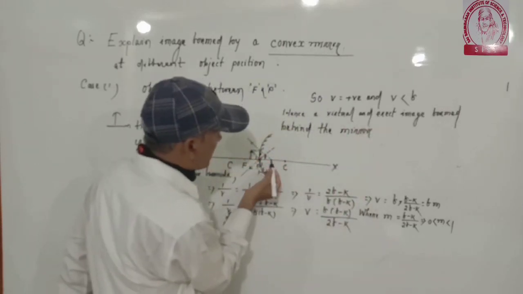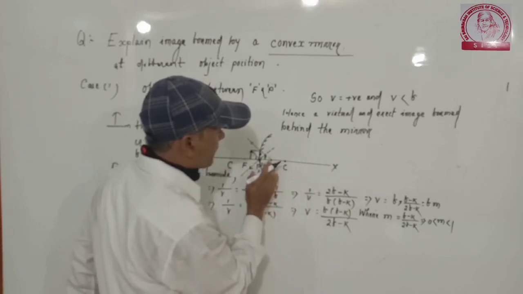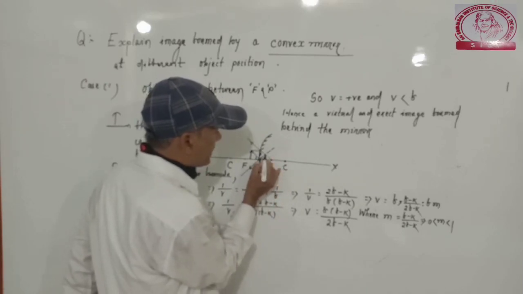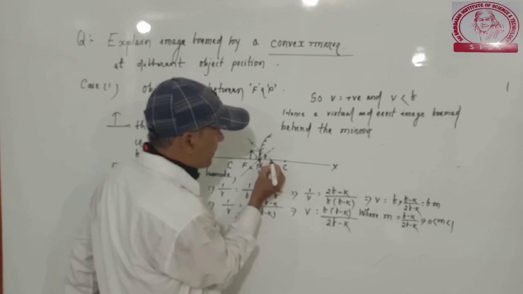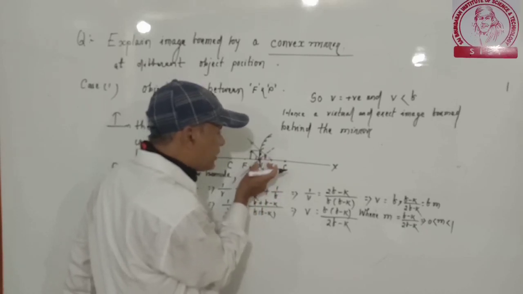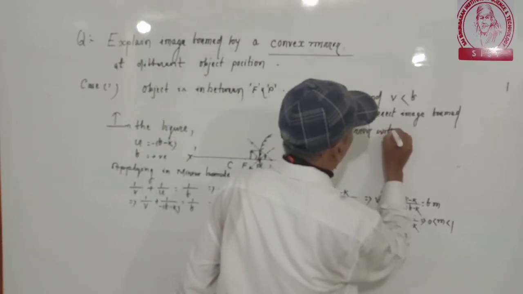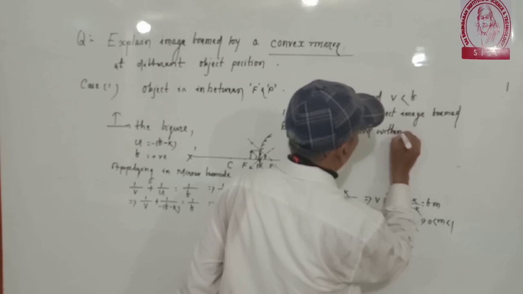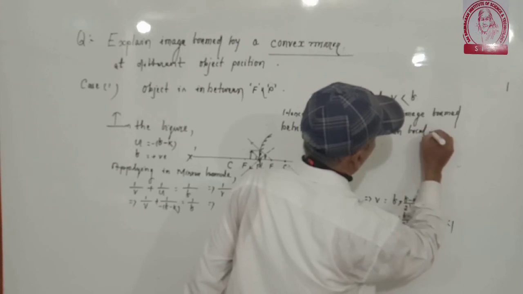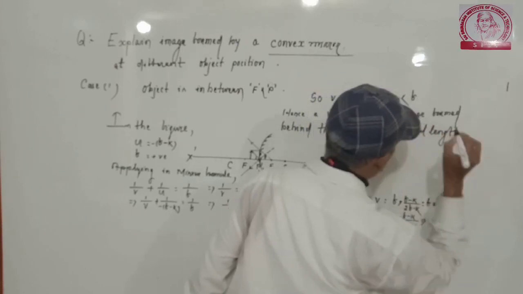Within focal length. It will be within focal length, it won't go beyond f, it will be within f, because you see here is the image, here is the principal focus, so no doubt the image forms within the focal length.